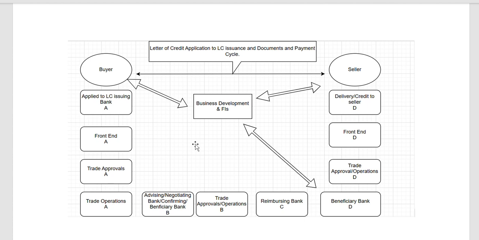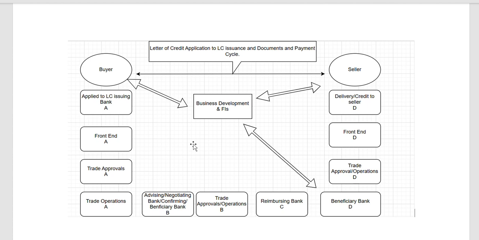Though it is a bit expensive, large institutions or companies will try to do trading activities based on the letter of credit, because the letter of credit is in written form, and it mentions all the terms and conditions: what documents are required, when the shipment is going to happen, what conditions need to be met, how the payment is going to happen, who the parties involved in the letter of credit are, and how the payment will be made, whether it is a mixed payment, sight payment or deferred payment, or whether there is going to be an acceptance of draft.